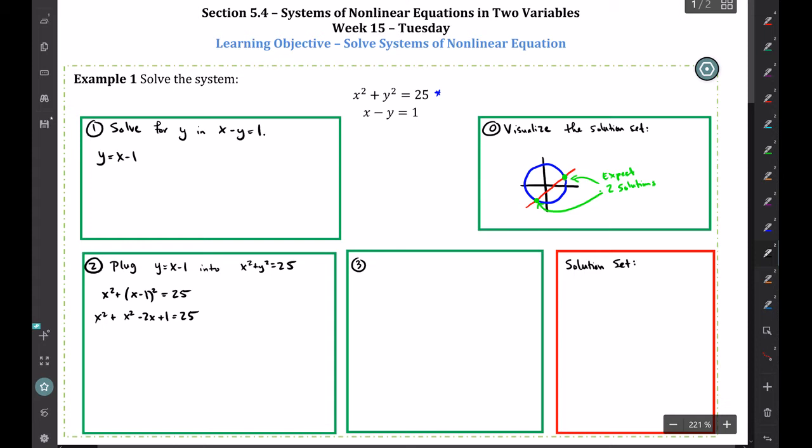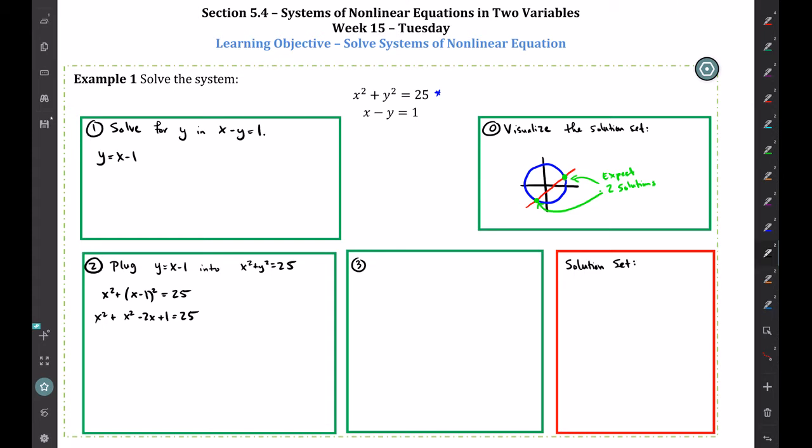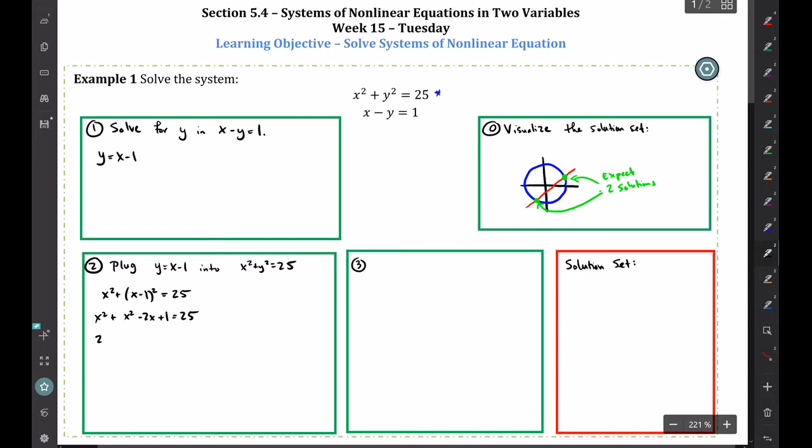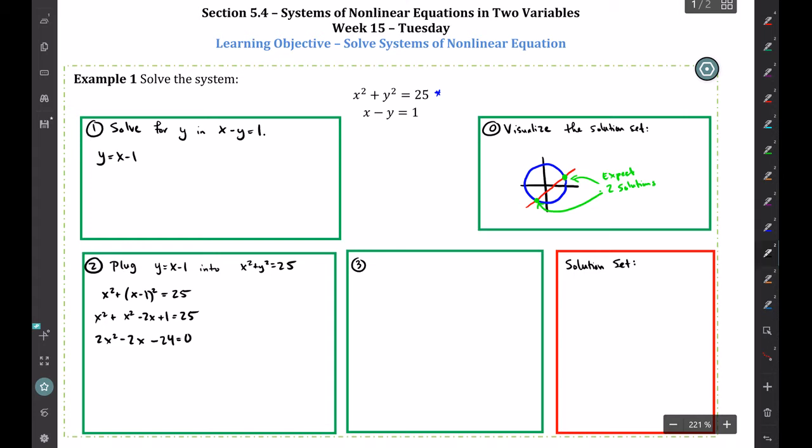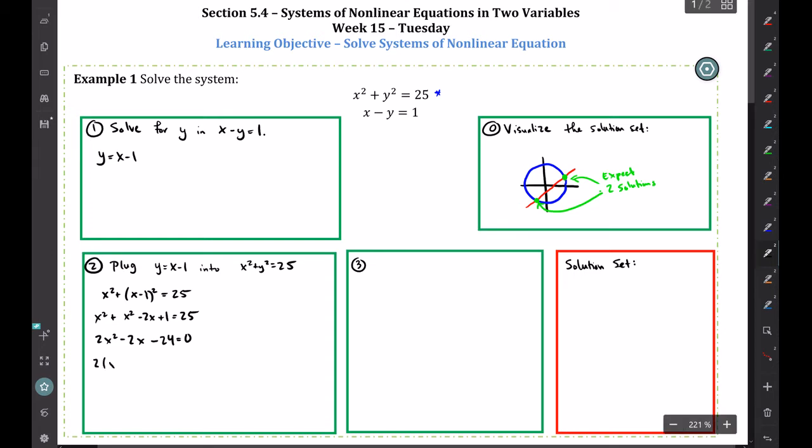And so this is a quadratic equation. I'm going to move everything over to one side and write it like a quadratic equation. So this is going to be 2x squared minus 2x minus 24 equals 0. Now I'll factor out a 2, so I get x squared minus x minus 12 equals 0.